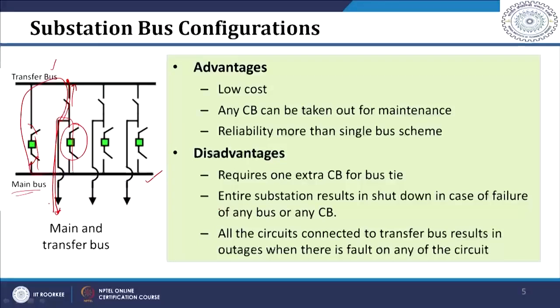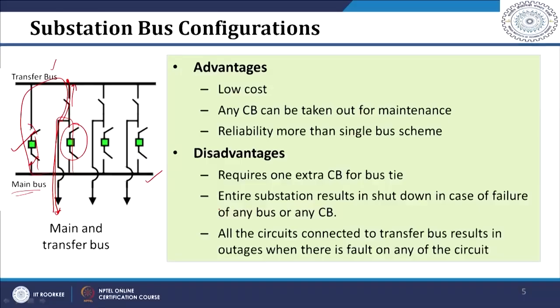If you see the disadvantages, the first disadvantage is it requires one extra circuit breaker for bus tie. So here we need one extra circuit breaker for connection of the transfer bus. Then the entire substation shuts down in case of failure of any bus or any circuit breaker.